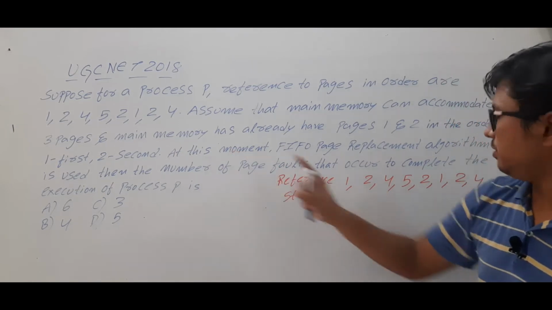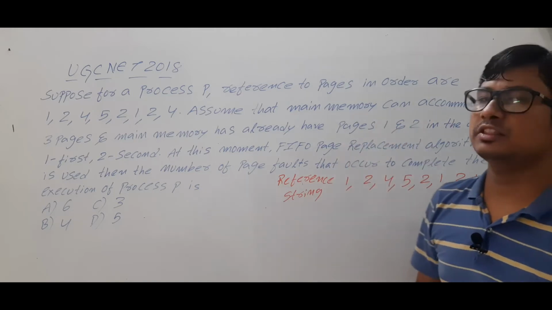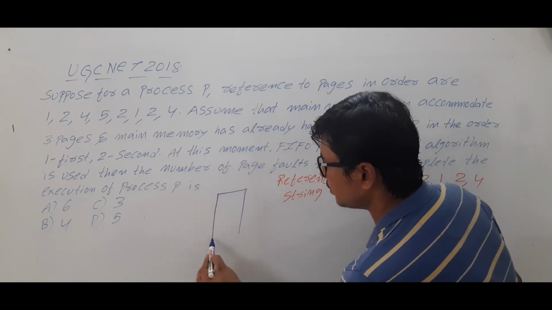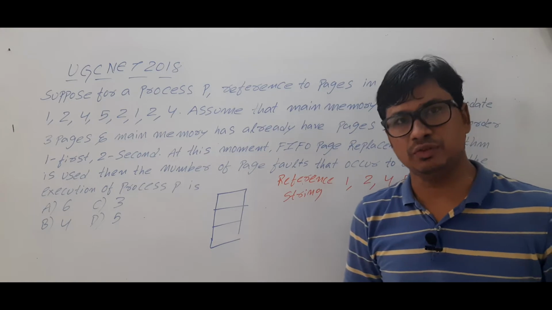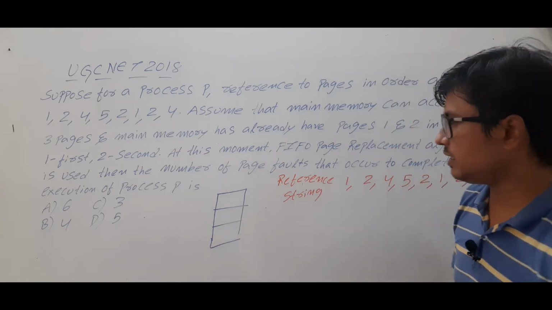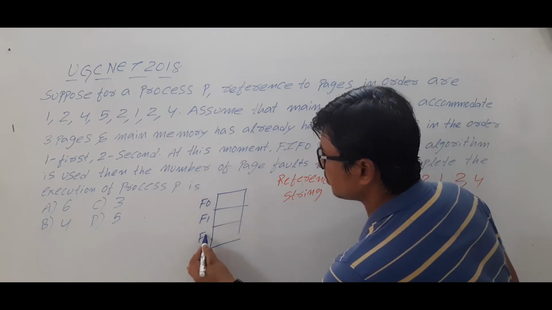Assume that main memory can accommodate 3 pages, meaning that main memory is logically divided into 3 frames. As the page size is equal to frame size, in one frame we can keep one page. Okay, so it has the frame number 0, frame number 1 and frame number 2.